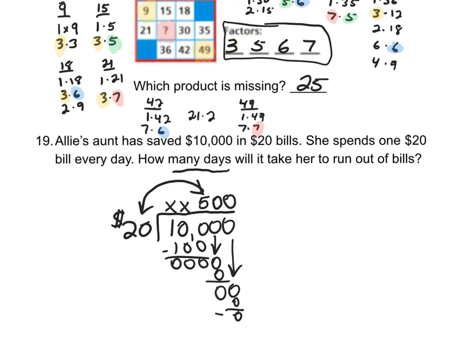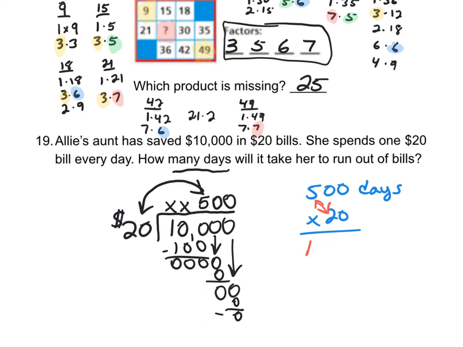Well, let's do this. 500, that would be days, at $20 per day. Here's a little trick. If you do 5 times 2, you get 10.